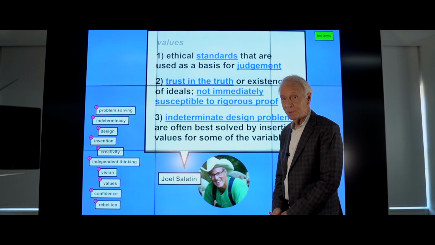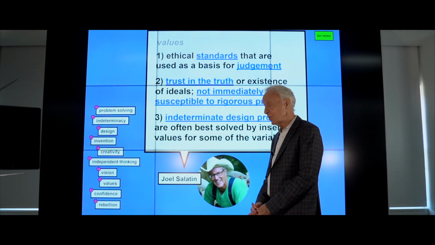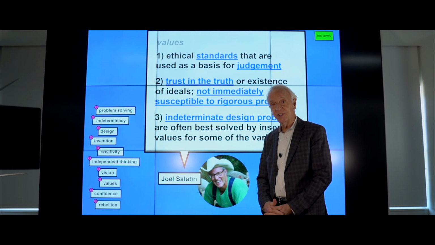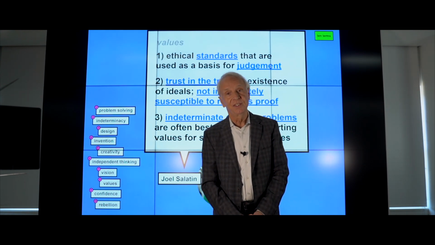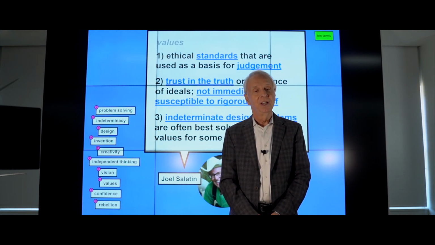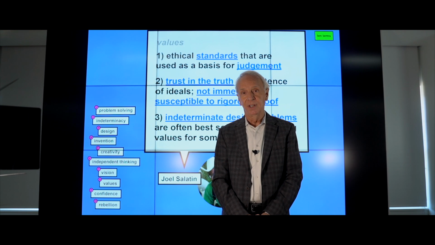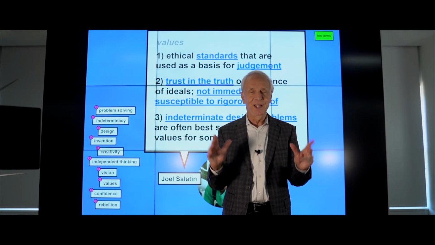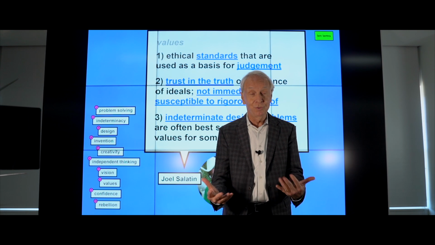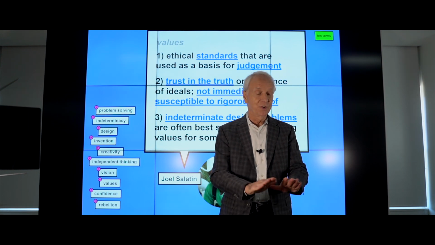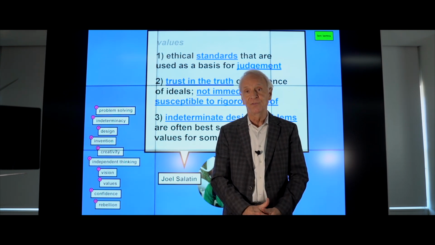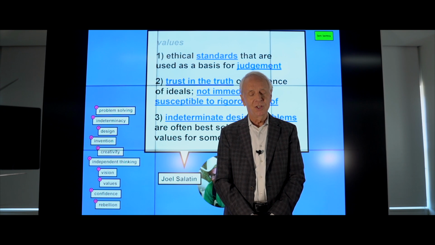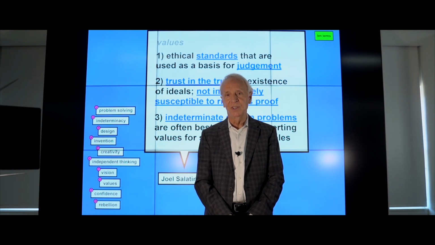So one of the people we'll be talking about as regards values is Joel Salatin. Joel Salatin is a farmer in Virginia, and he's an organic farmer. And maybe you don't think of farming as a creative thing at all, but these days you can be a very creative farmer. There certainly are formulaic ways to farm these days. But Joel Salatin brought some values to this.